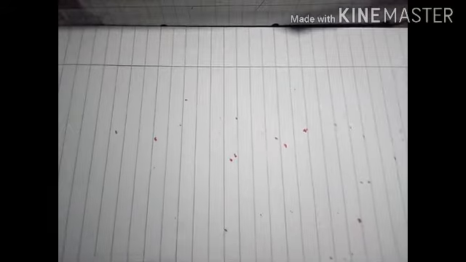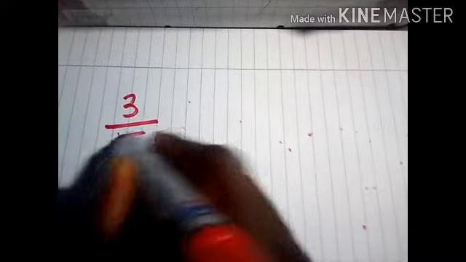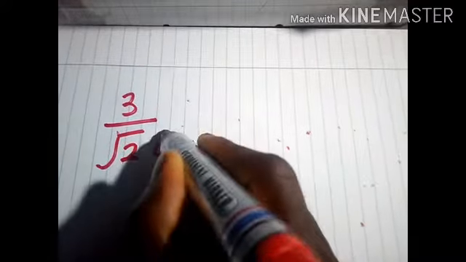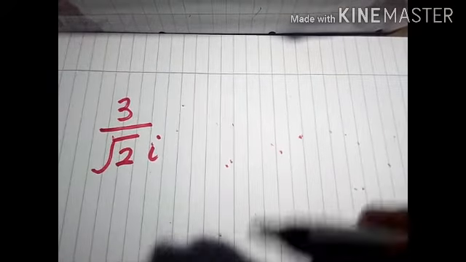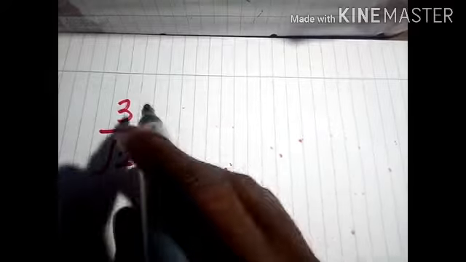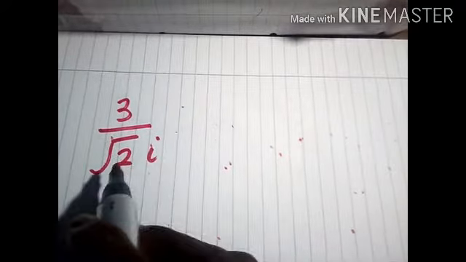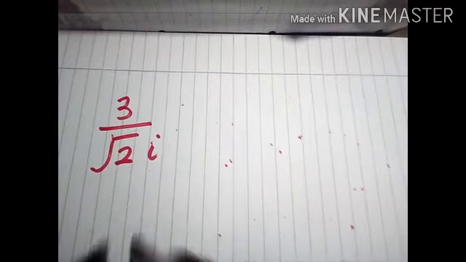So go ahead and rationalize the denominator, get rid of the radical and imaginary number. That's 3 over root 2i. So in this example, what we have to do is multiply the numerator and denominator by root 2i.